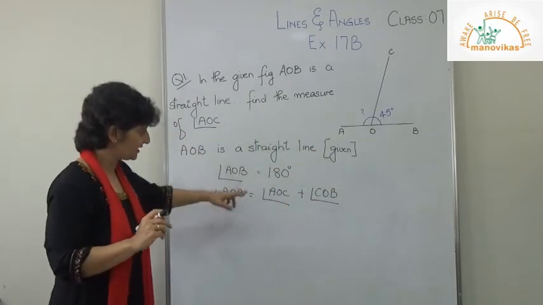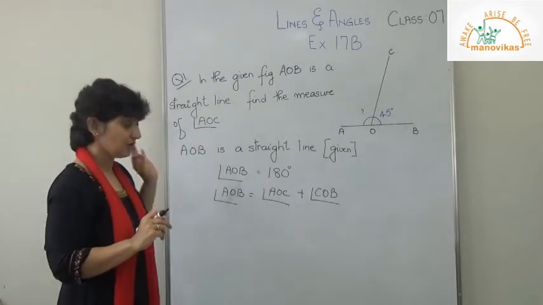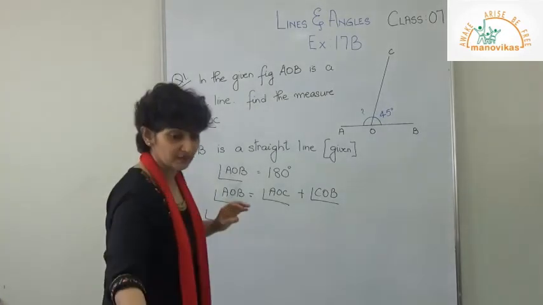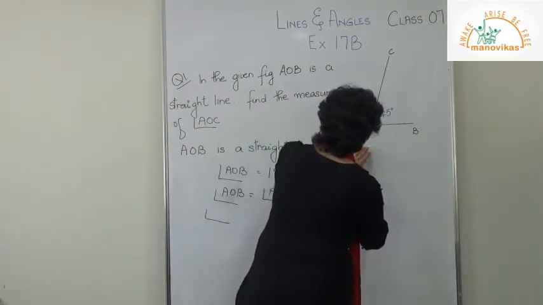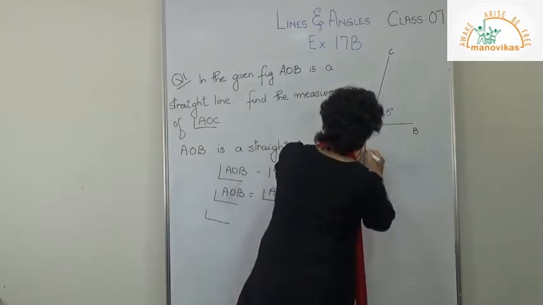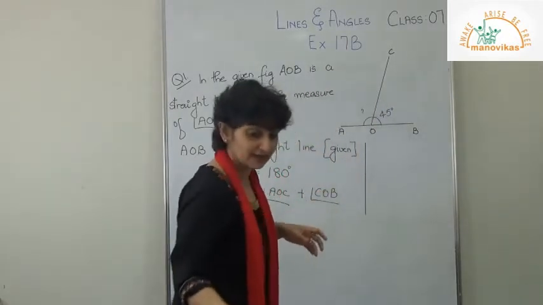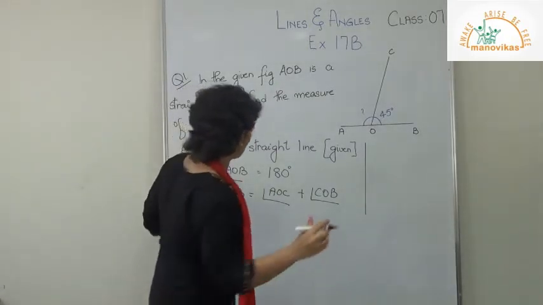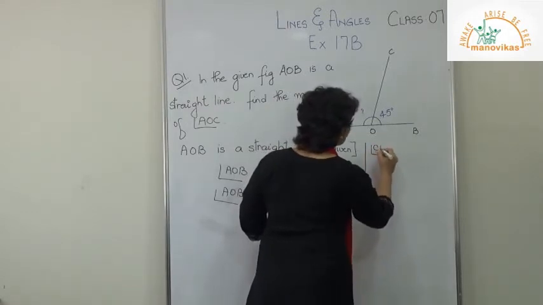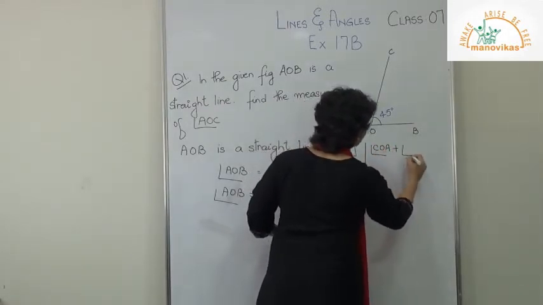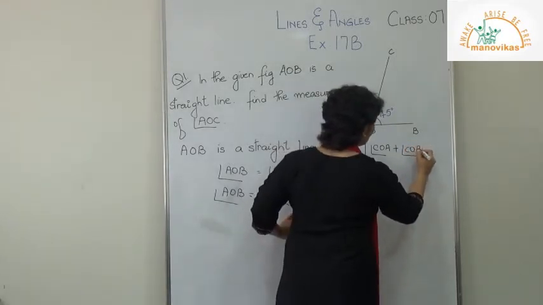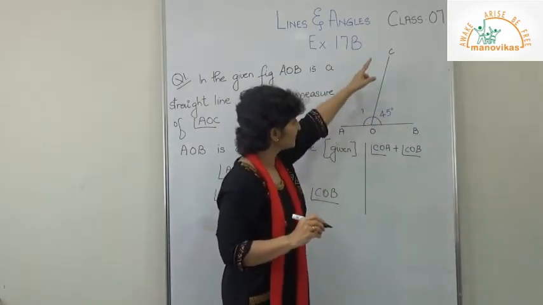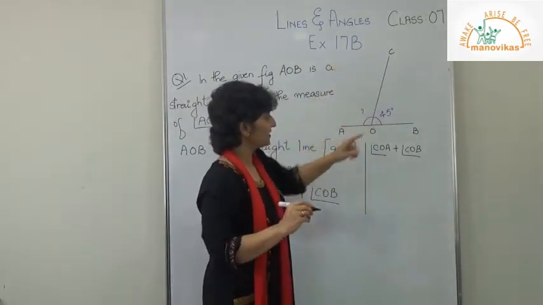Now we know that angle COA plus COB, you can say it either way, children, AOC and BOC or COA plus COB.